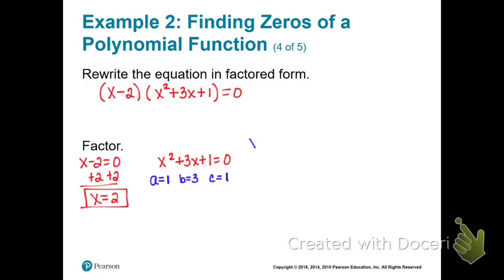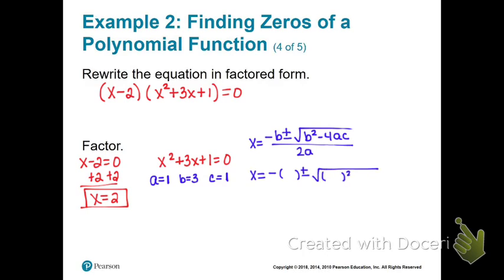Alright, so here's our formula. So x equals negative b plus or minus the square root b squared minus 4ac all over 2a. And so now we're going to plug into that formula. I'm building my skeleton here.